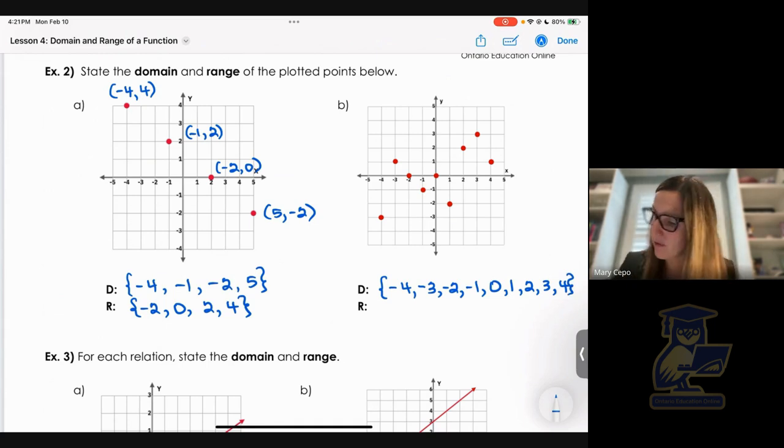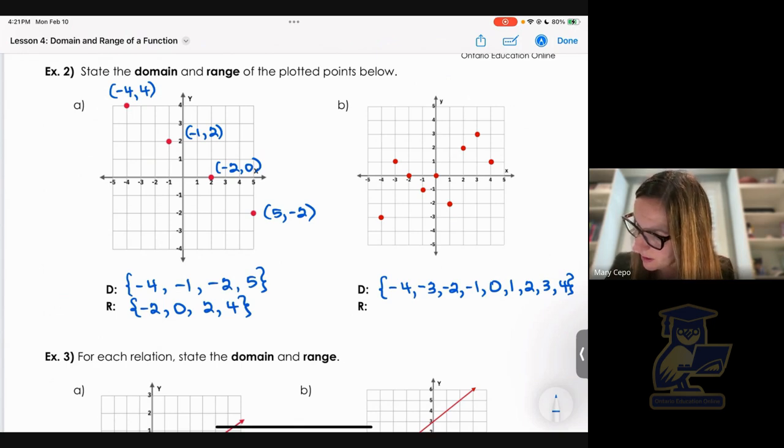So if we count, we have 1, 2, 3, 4, 5, 6, 7, 8, 9. So we've included them all. Keeping in mind, if there's a repeat, you don't have to list it out twice.